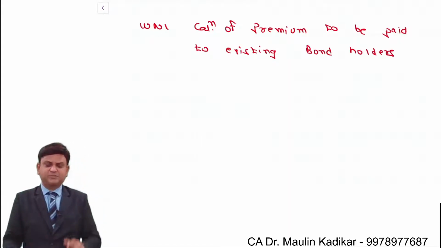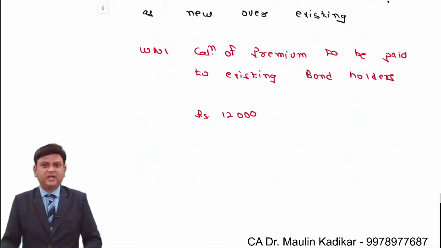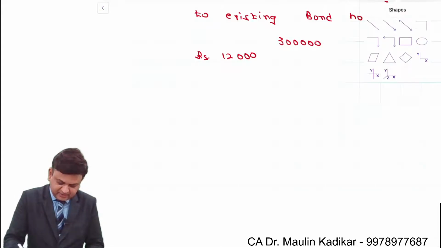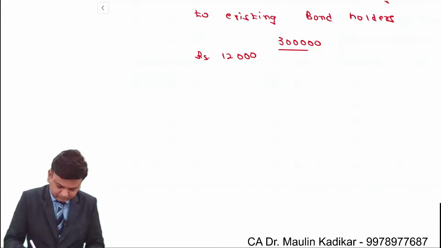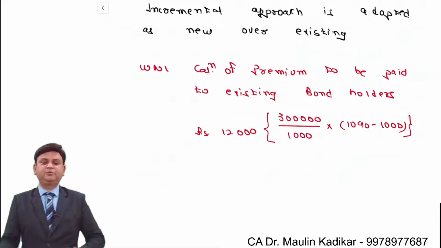What is the amount supposed to be paid? It is an amount of rupees 12,000. How is this 12,000 calculated? It is 3 lakhs divided by 1,000, multiplied by 1,040 minus 1,000. So in step number 1, we compute the premium to be paid to the existing bondholders if we go for the redemption.